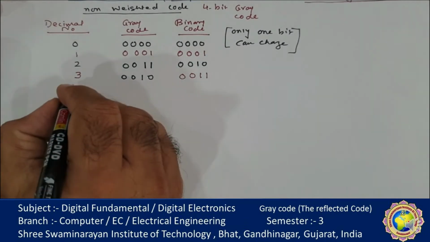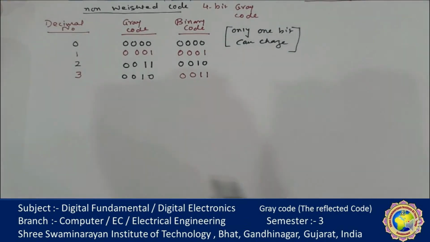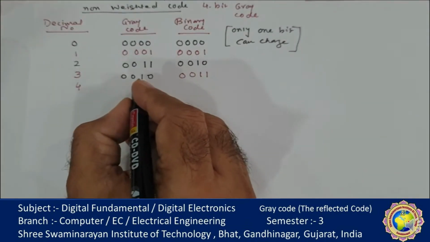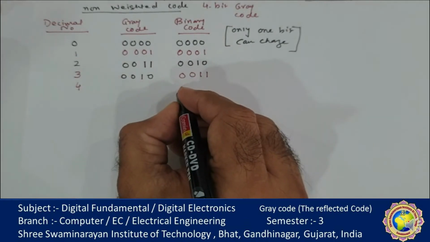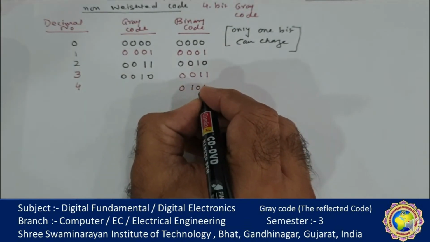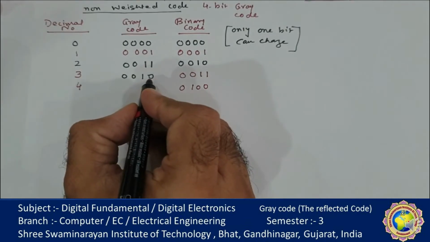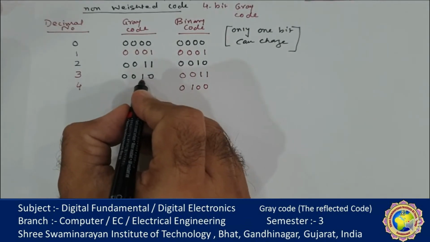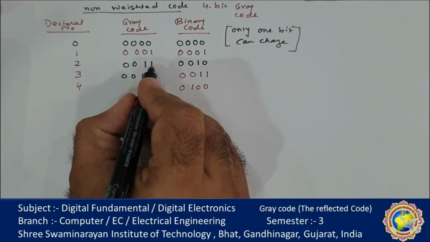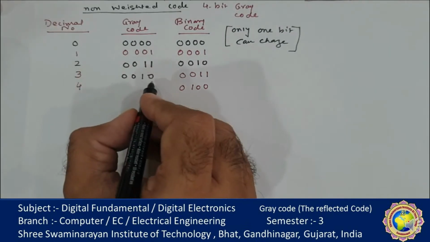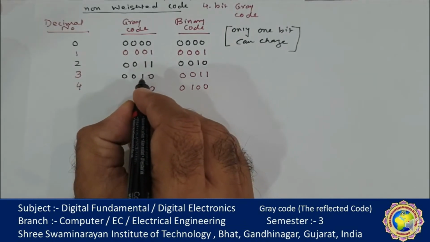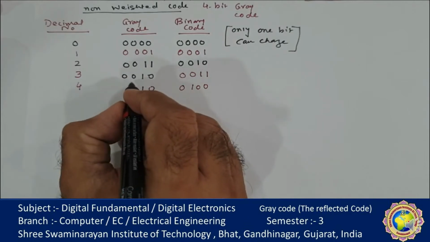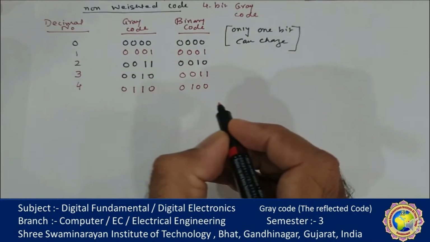Okay. Now the next is 4. 4 is represented in weighted code as 0, 1, 0, 0. But here if I put 0 to 1, then 0, 0, 1, 1 is already equivalent to 3 or 2. So this one cannot be changed. So the next bit will become 0, 1, 1, 0.